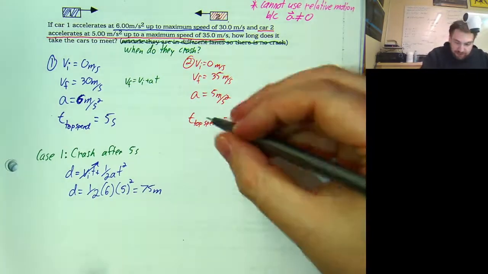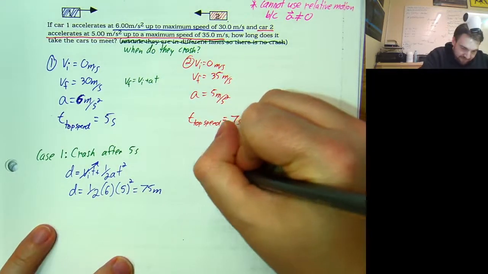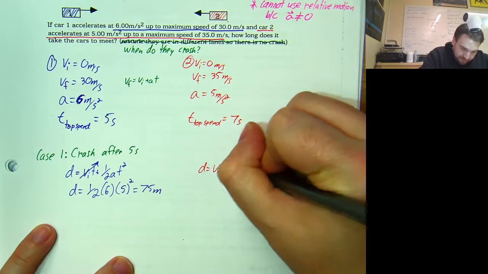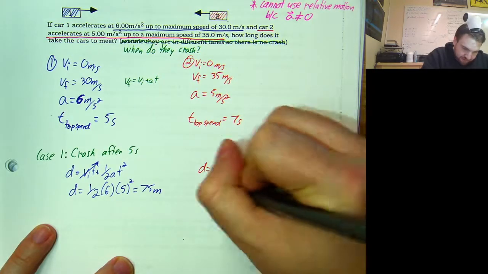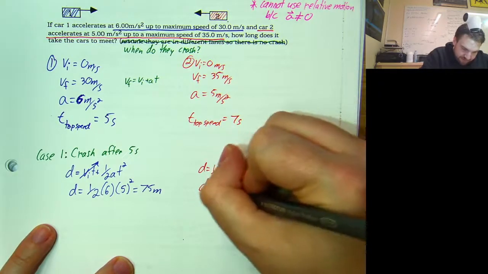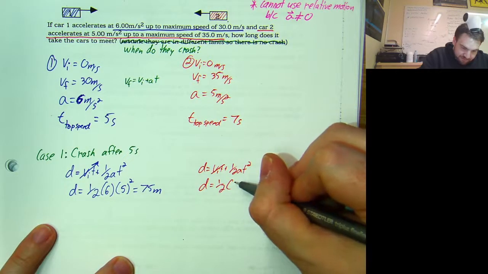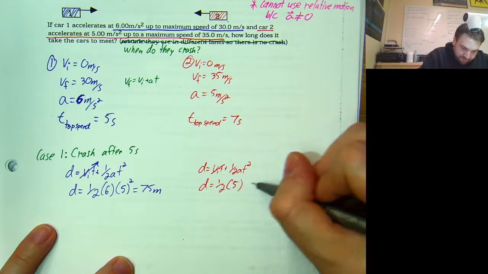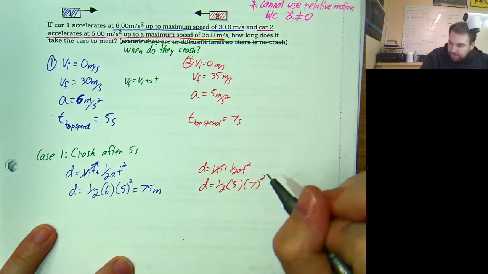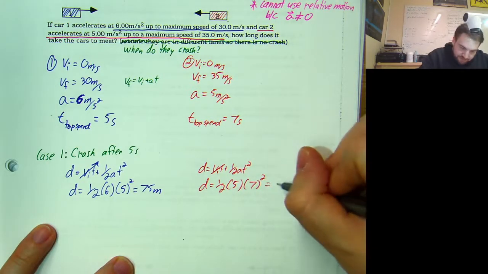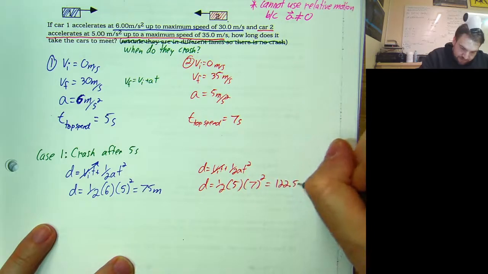And my red car is going to have d equals VIT plus 1/2 AT squared. That's 0, so d equals 1/2 times 5 times 7 squared. So that's going to be 122.5 meters.